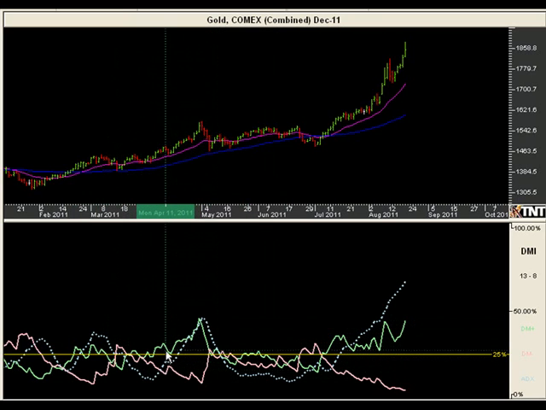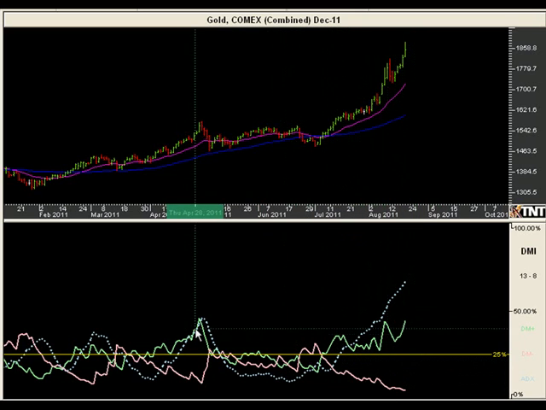Now, DMI stands for Directional Moving Index, and you have two types of DMI lines. Here, the green line represents what is called positive DMI, or bullish price movement. This represents prices heading higher. Negative DMI is represented by the red line, and it represents prices going lower.